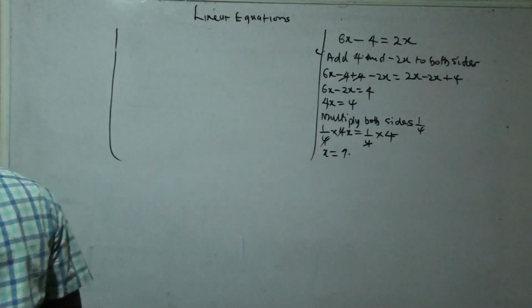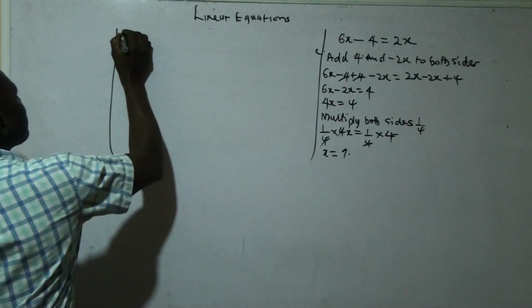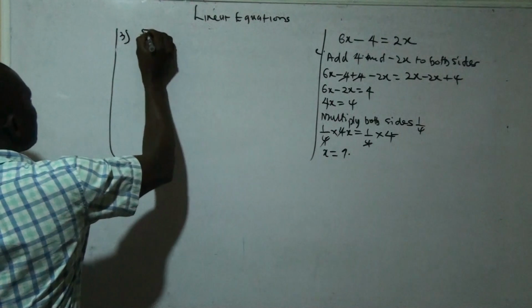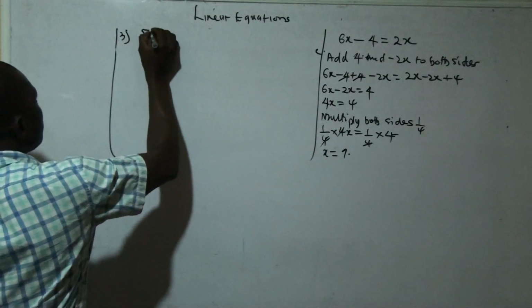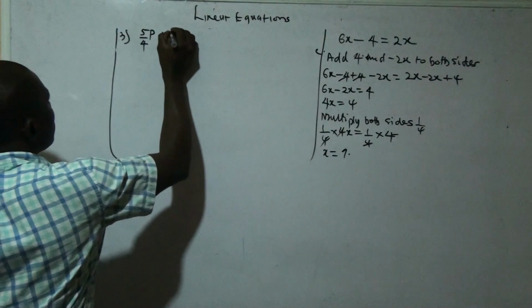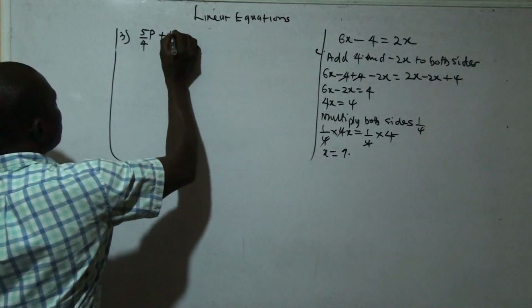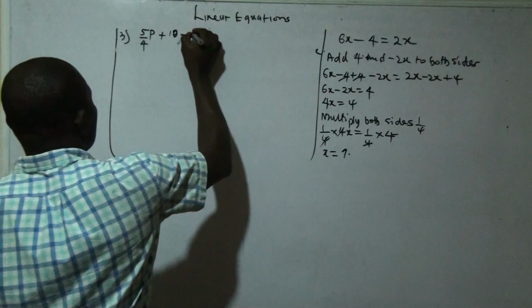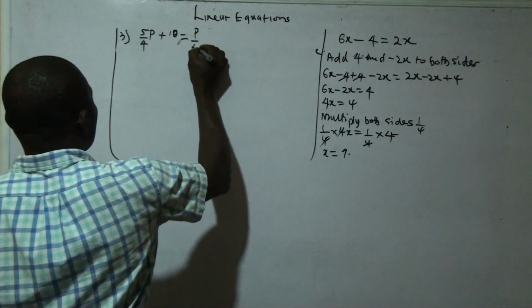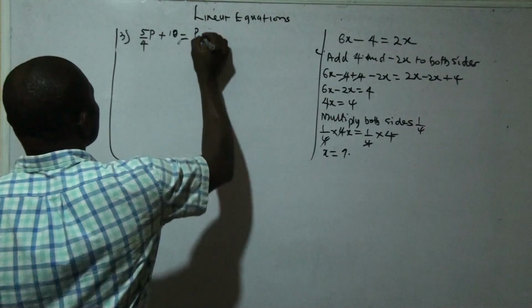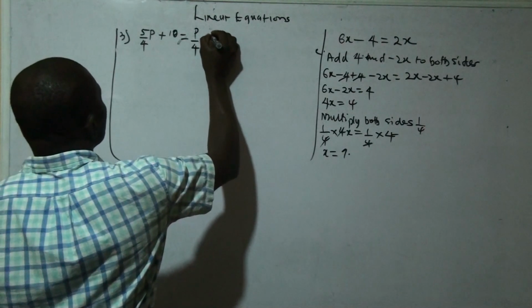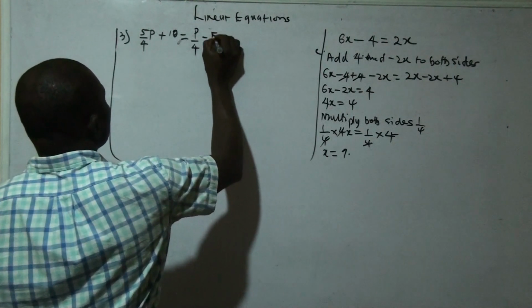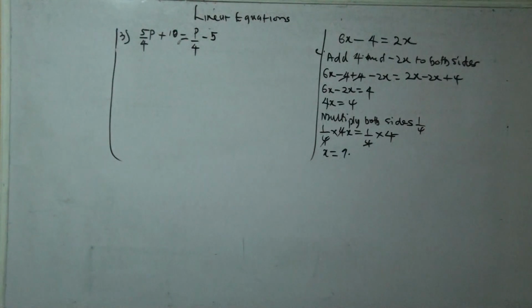Imagine we have 5 over 4 p plus 10 is equal to p over 4 plus 5. So we're asked to resolve this.